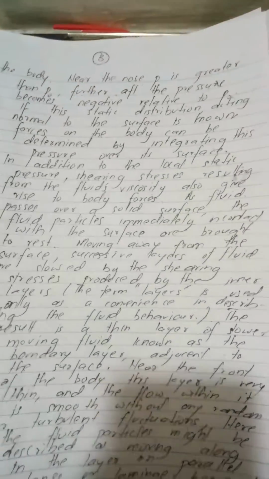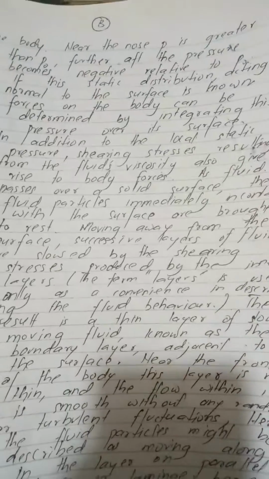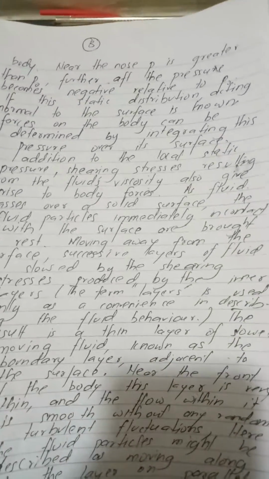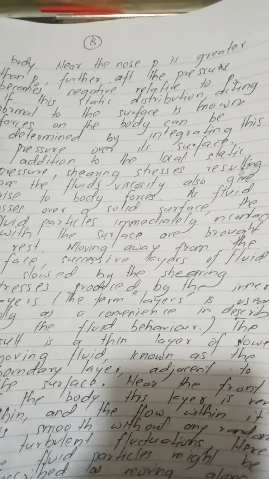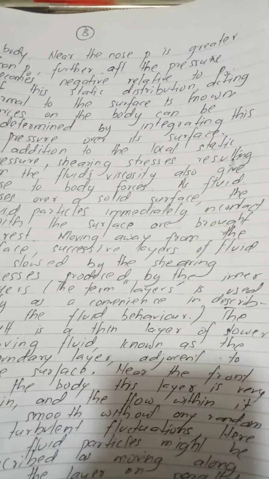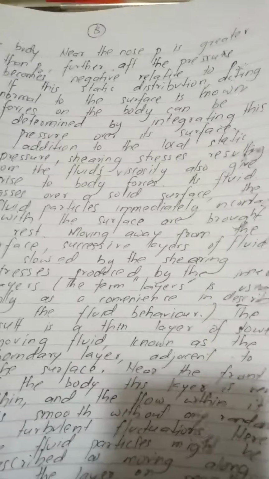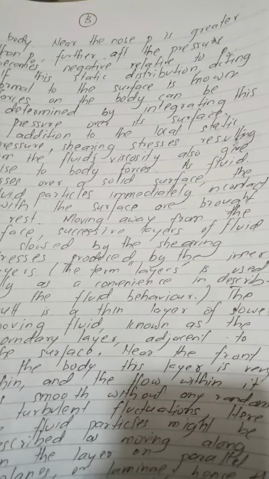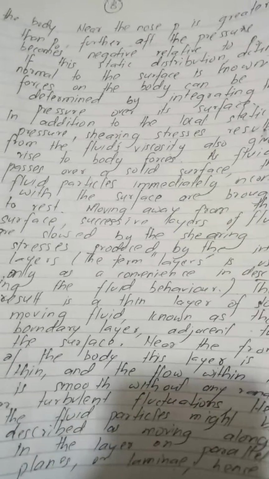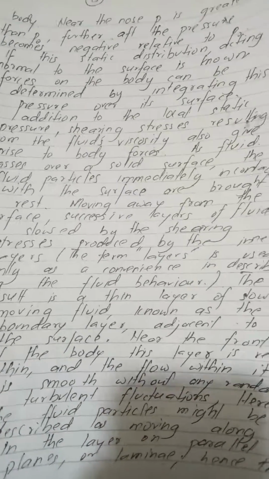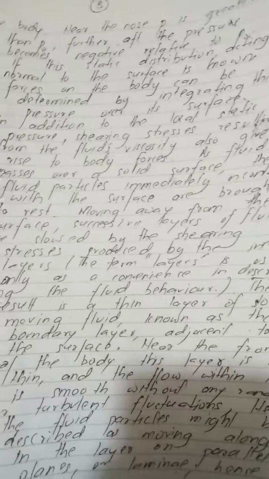Near the nose, P is greater than P naught, understandable. Further back, the pressure becomes negative relative to P naught. If this static distribution acting normal to the surface is known, forces on the body can be determined by integrating this pressure over its surface. In addition to the local static pressure, shearing stresses result from the body surface.